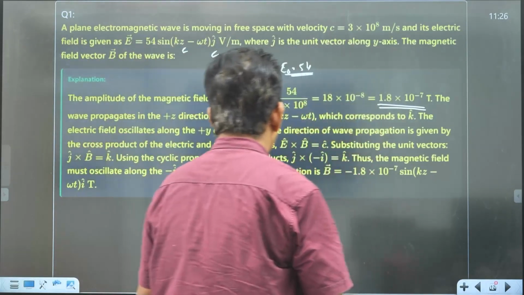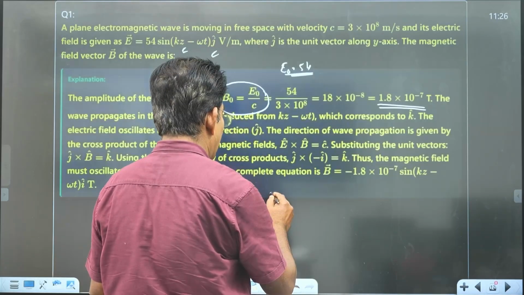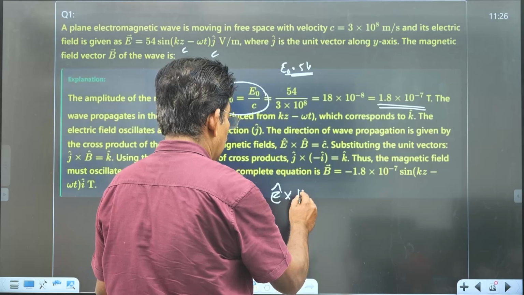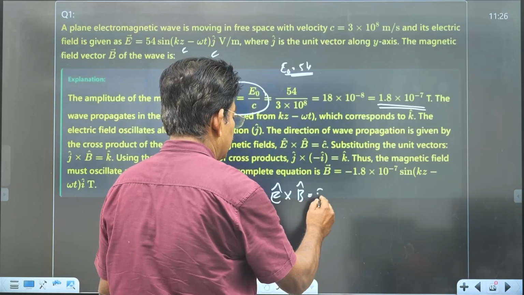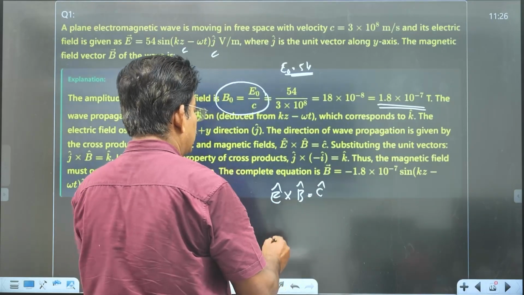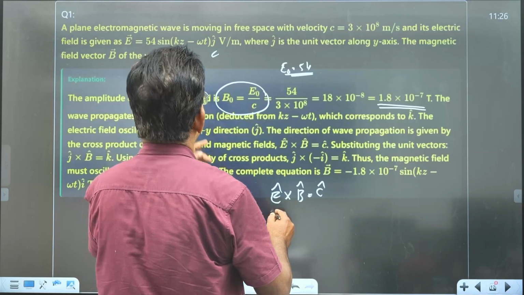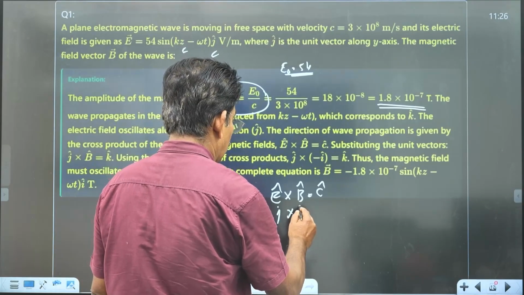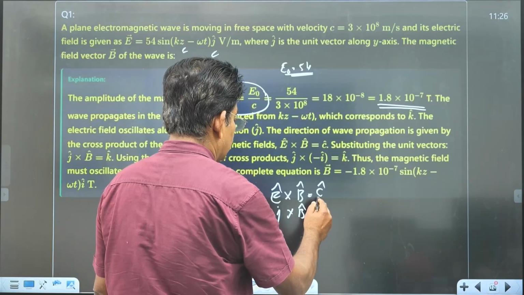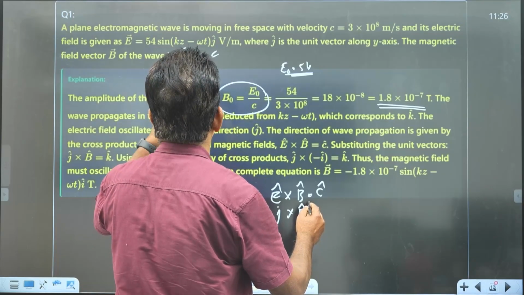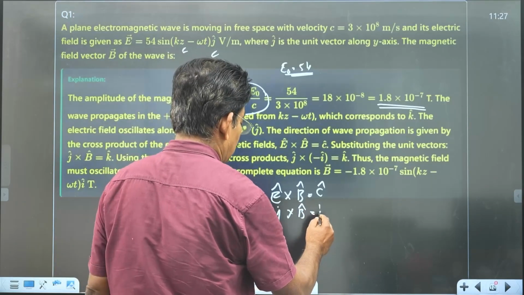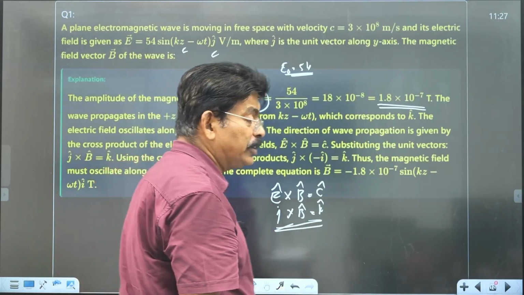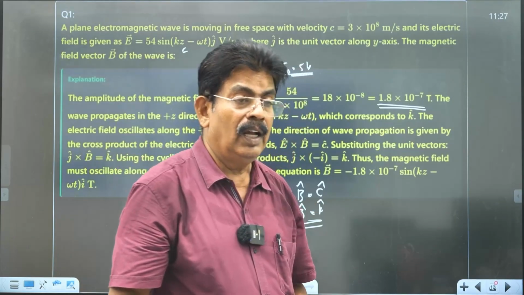In an electromagnetic wave, the direction of the wave is the unit vector along E cross the unit vector along B. The unit vector along E is J. We want to find the unit vector along B, which equals the unit vector along wave propagation, that is K. And J cross, which will give you K.